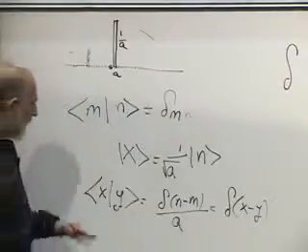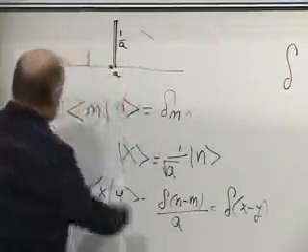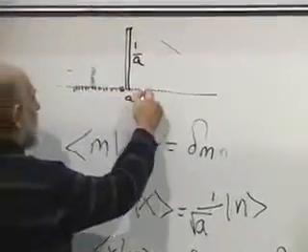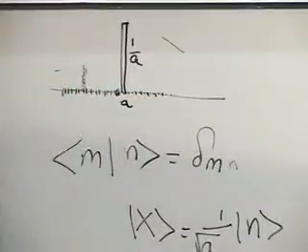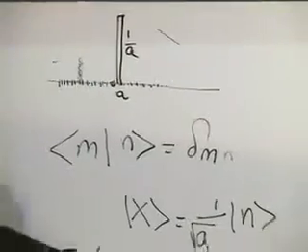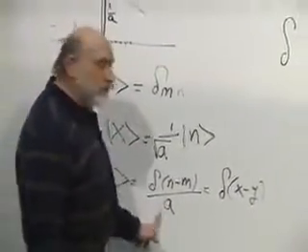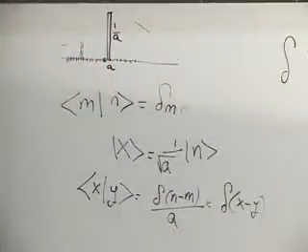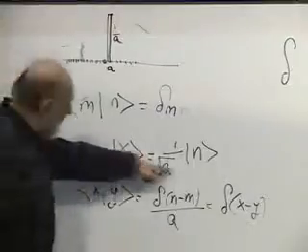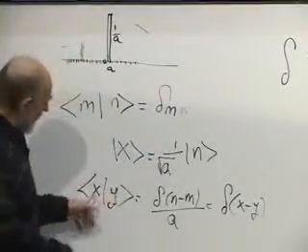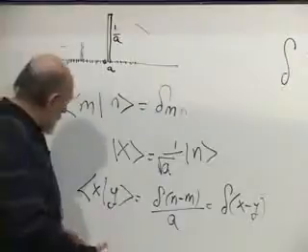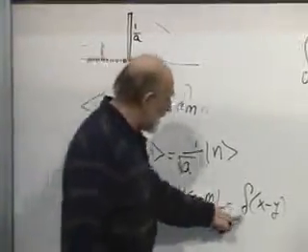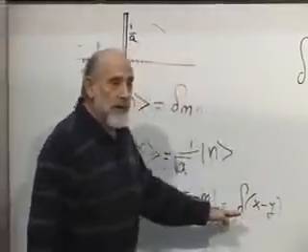The Dirac delta differs from the Kronecker delta, if we approximate the continuous situation by a very, very dense collection of points, simply by a factor of 1 over the spacing. Right? And if we put that factor of 1 over the spacing into the definition of the vectors here, then we come out to the nice formal convention that the inner product of x with y is delta of x minus y. You don't ever really have to do this.